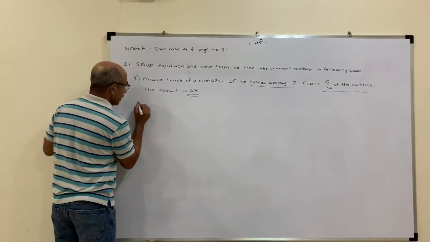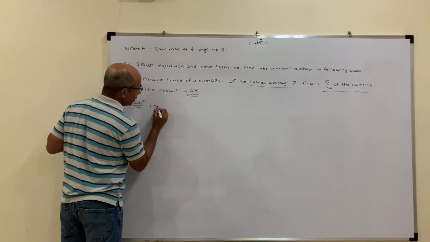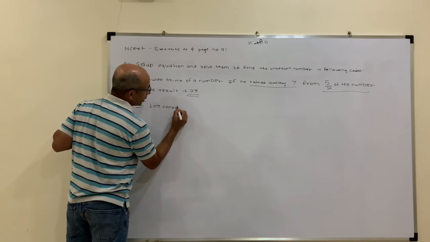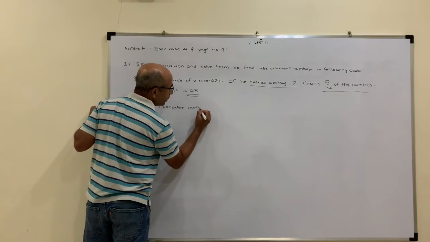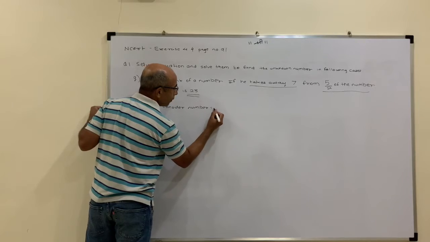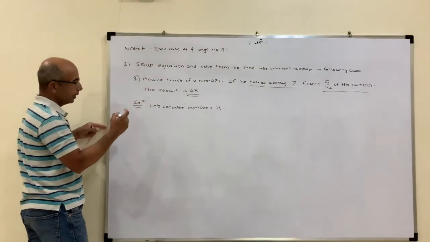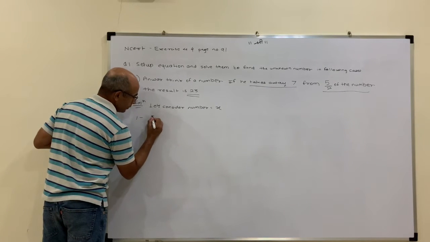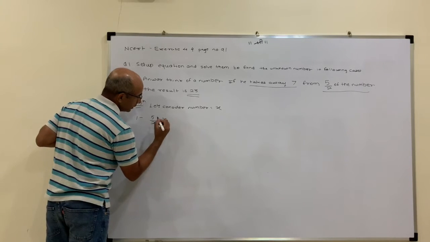So now the solution. Let's consider the number equals x. Now the first step, 5 by 2 of the number. So 5 by 2 into x.